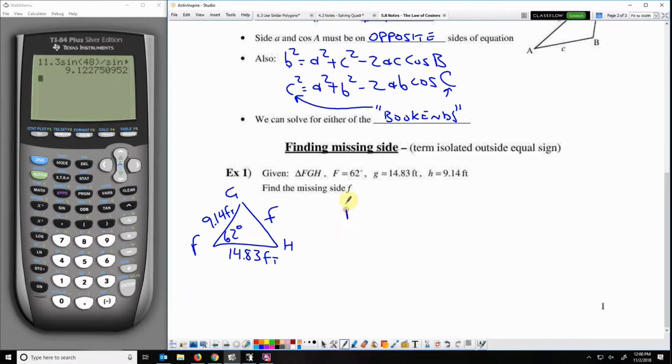So I'm going to do F squared equals G squared and H squared, which is 14.83 squared plus 9.14 squared minus 2 times the product of these same two numbers, 14.83 times 9.14, times cosine of angle F, which is 62 degrees.